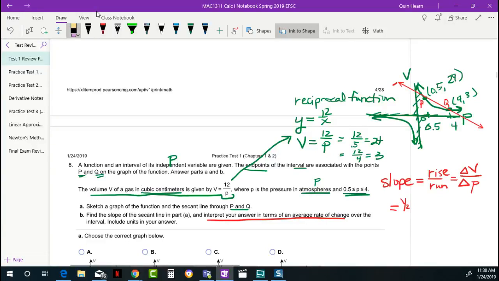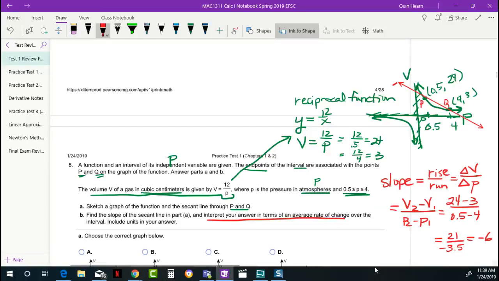Well, I guess in this case it would be v2 minus v1 over p2 minus p1. Okay, so let's say we use 24 for our v2, 24 minus 3 over 0.5 minus 4. So that's going to give us 21 divided by negative 3.5. So what would that be? 21 divided by negative 3.5 is negative 6.